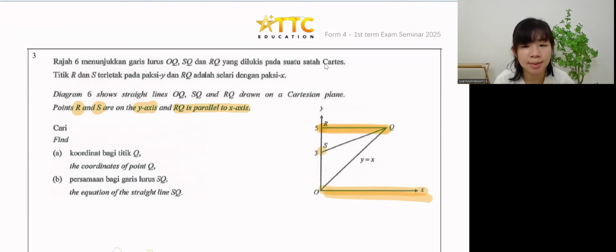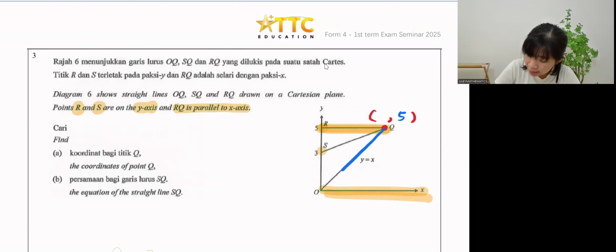Hey guys, what do you think? The coordinate of Q. So what coordinate do you already know? If it's parallel, this is a horizontal line. You see, it points at 5. So the y coordinate you already know is 5. Then how about x?